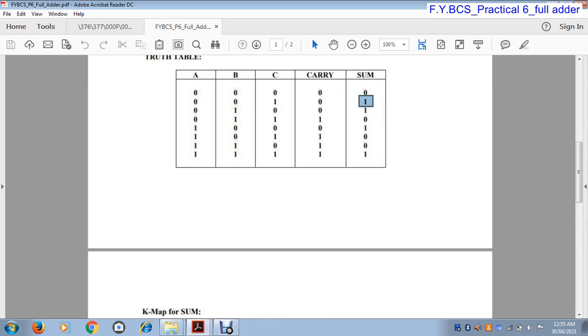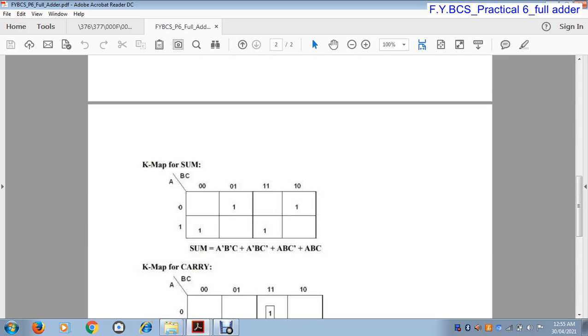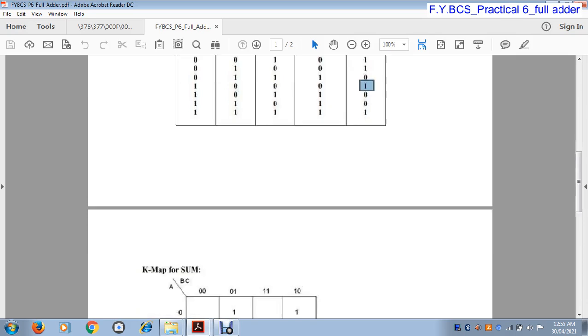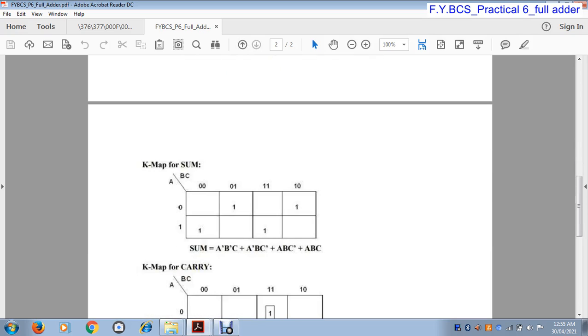Okay, now for the next one, the condition is A0, B1, C0. So in this cell we write 1. Now for this one the condition is A1 B0 C0.